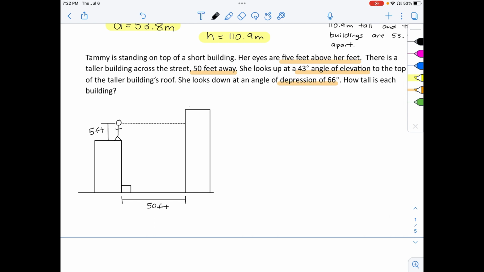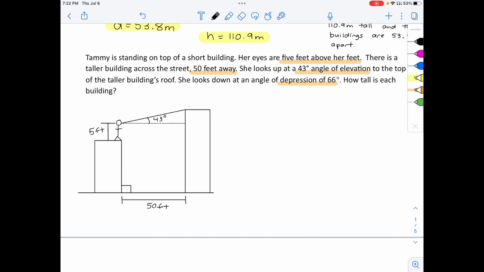We're using her eyes as the point of reference because that was stated for us in the question. Typically we just use the ground, but from her eyes, the angle of elevation to the top of the taller building is 43 degrees. So that means from the horizontal opening up, right? So like this is our horizontal, we're opening up. Obviously, like I said, this is not to scale because that angle is clearly not 43 degrees, but that would be 43 degrees here.